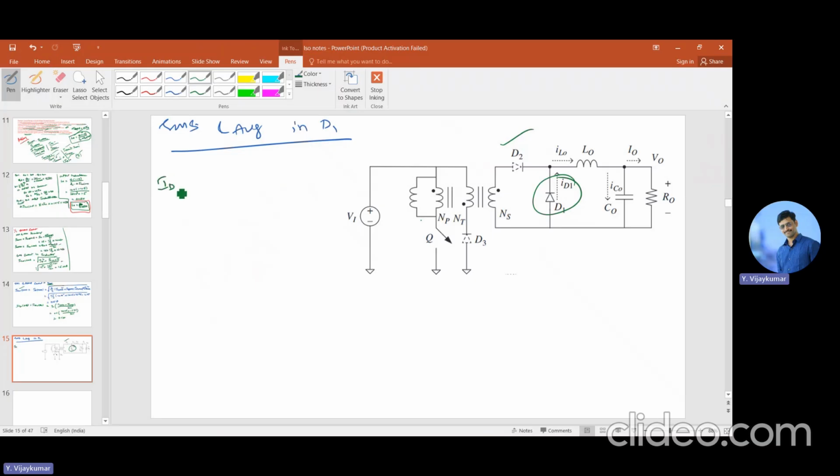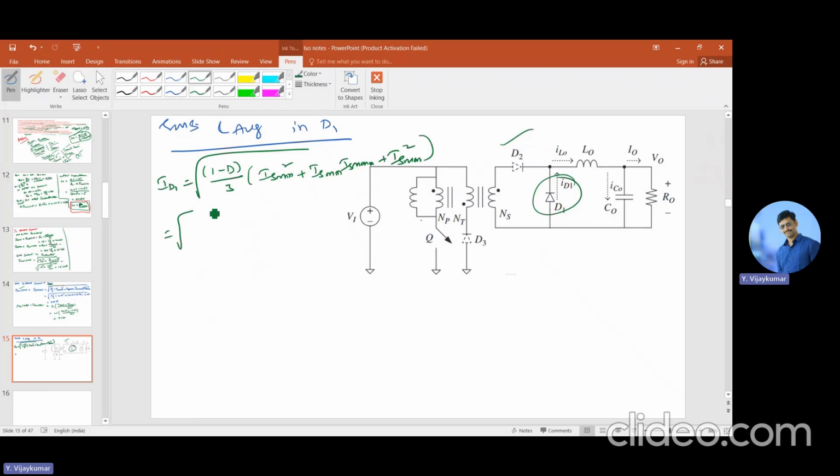So ID1 is equal to square root of (1 minus D)/3 into IS minimum square plus IS minimum, IS maximum plus IS max square. So this is the formula.